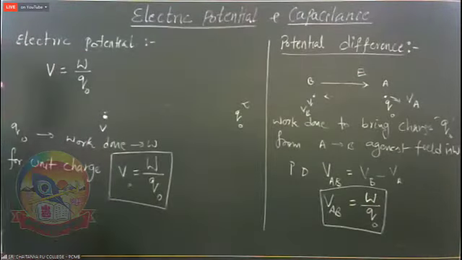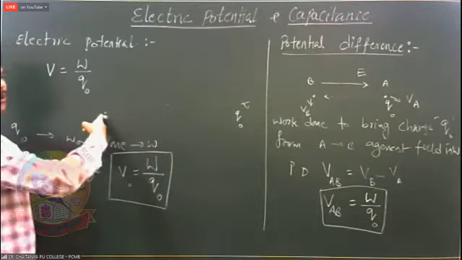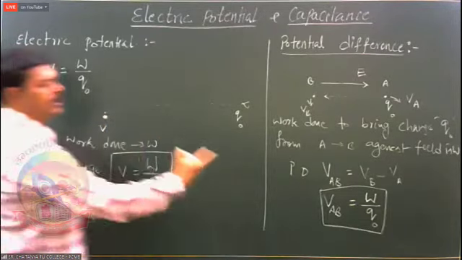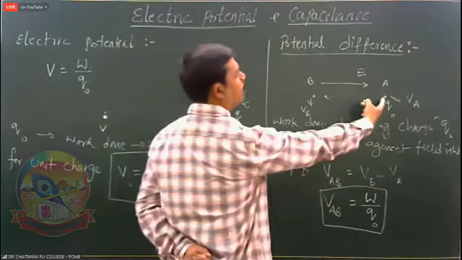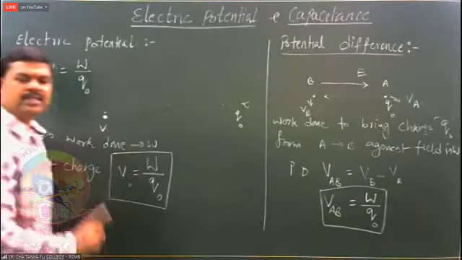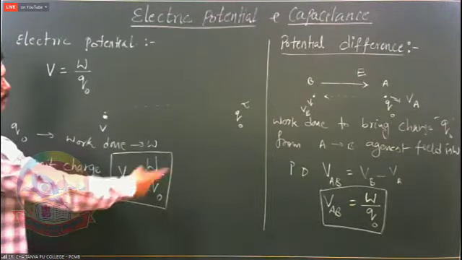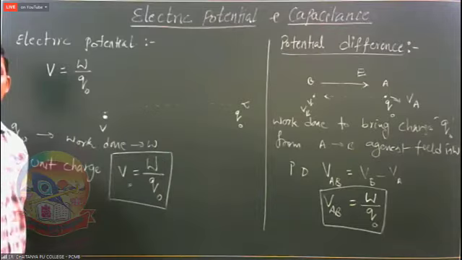But the only difference is that here we are bringing the charge from infinity to a point in the field, and here we are bringing the charge from one point to another point in the field. That is the only difference. The formula is W by Q0 in both places.